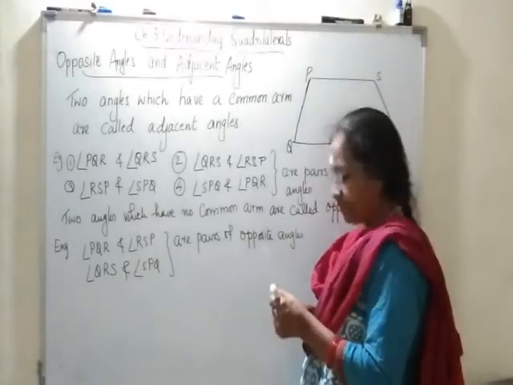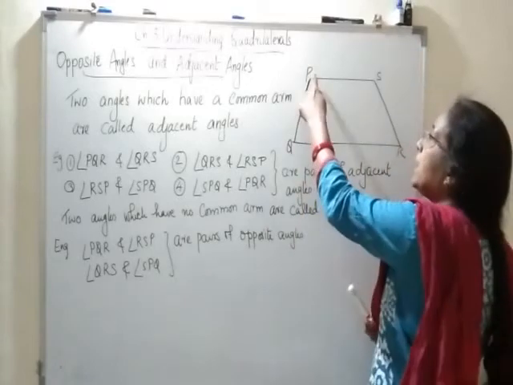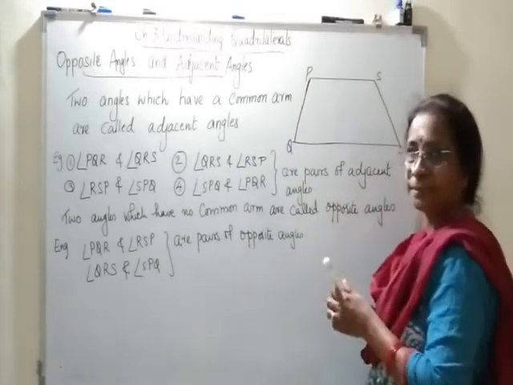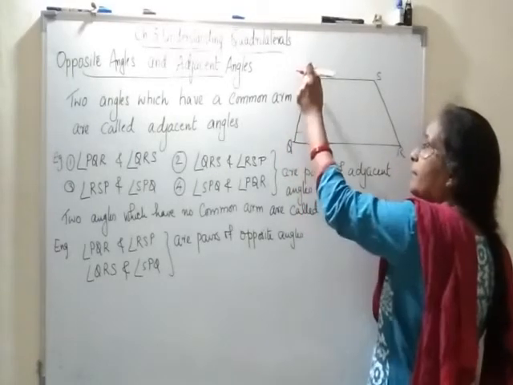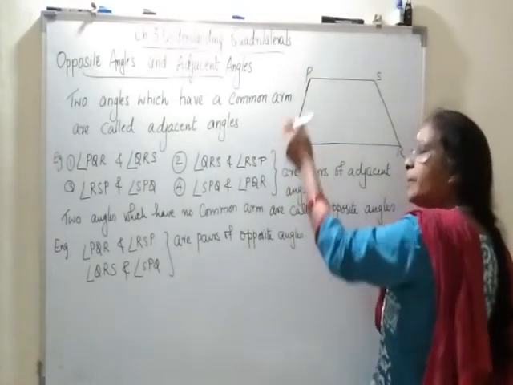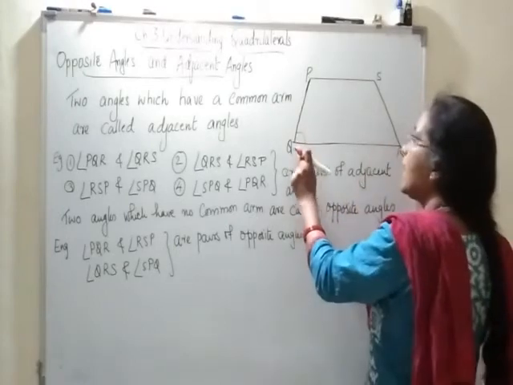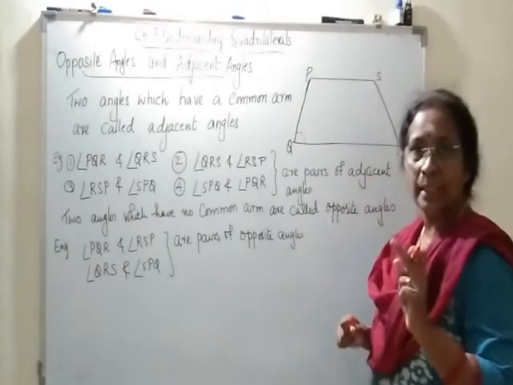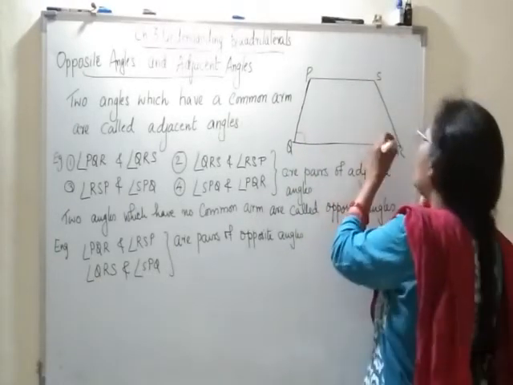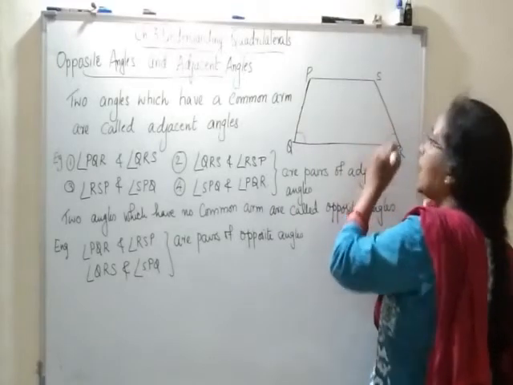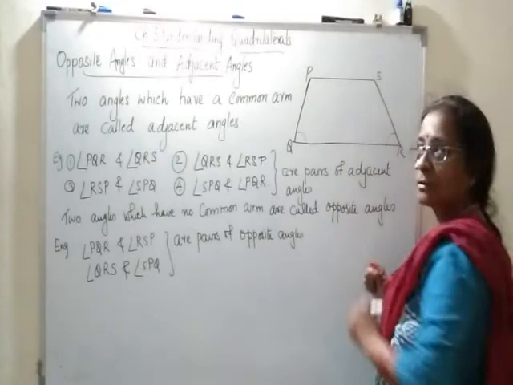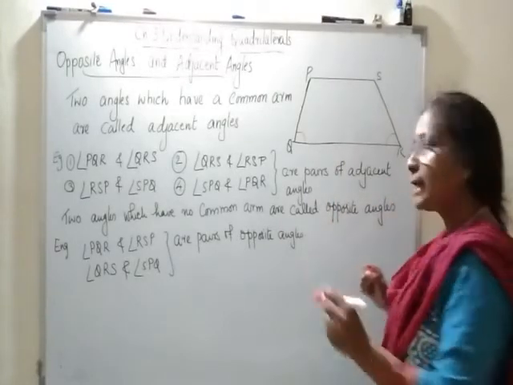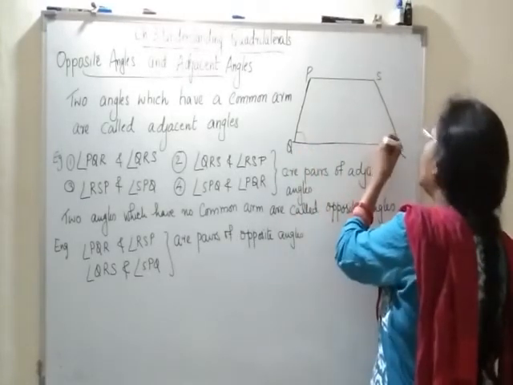Let us see here. You see, if you take angle PQR, PQ is one arm and QR is another arm. Now if you take this angle, which is the angle QRS, which are the arms of this angle? QR and RS.